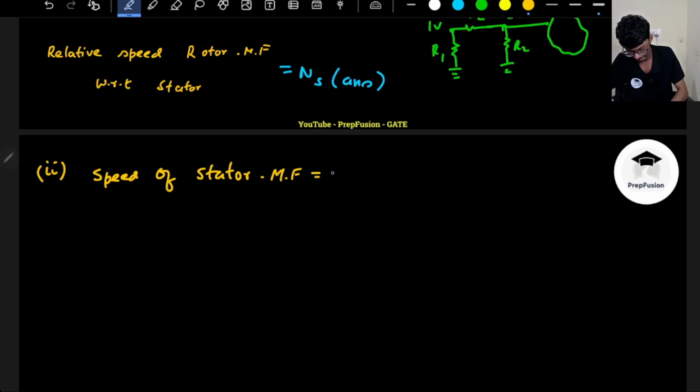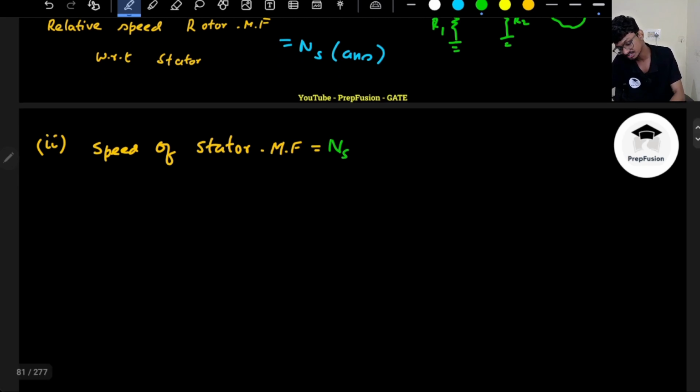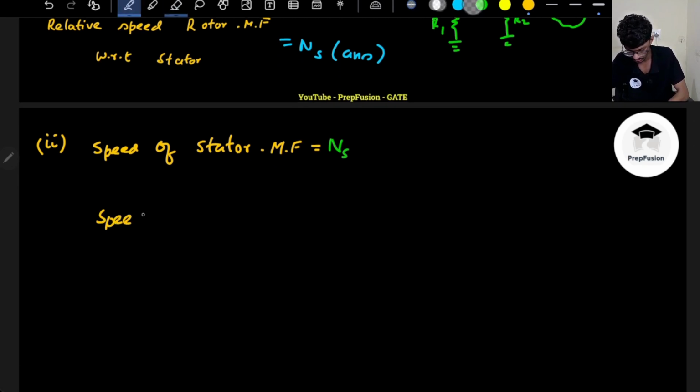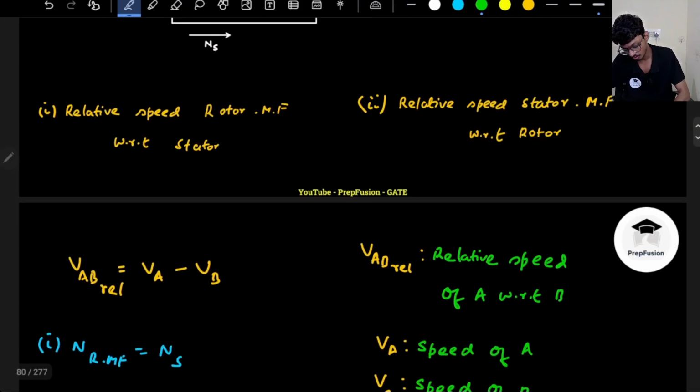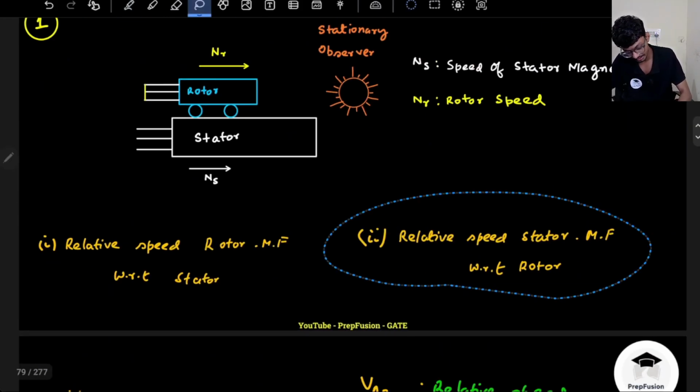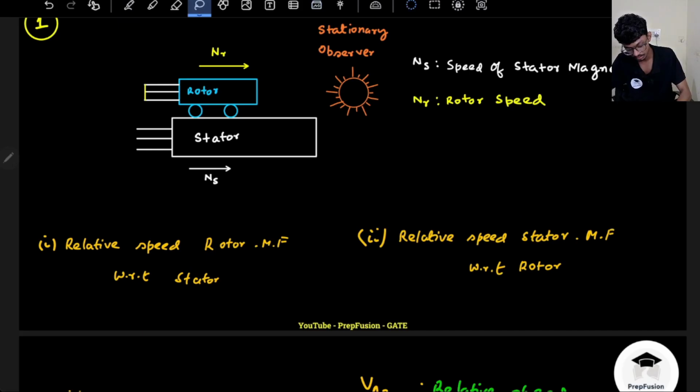It is simply ns. The stator magnetic field speed will be ns with respect to a stationary observer. What is the speed of the rotor with respect to a stationary observer? The speed of the rotor is nr. It is not a magnetic field, please keep this in mind, it is nr. So what will be the relative speed of the stator magnetic field with respect to the rotor?